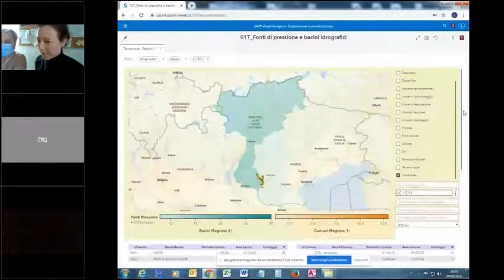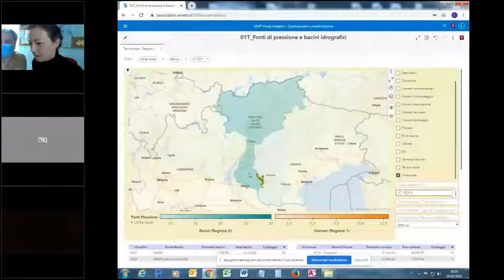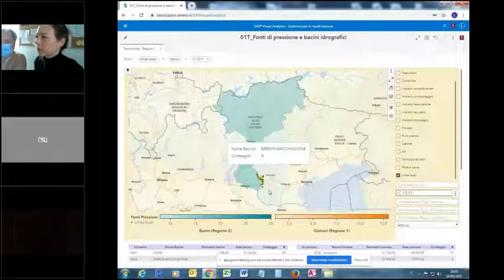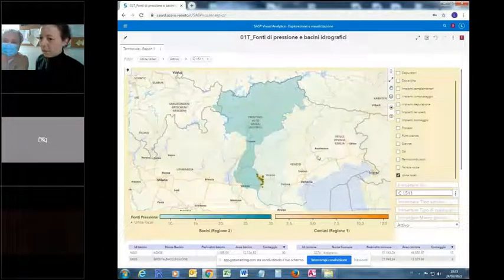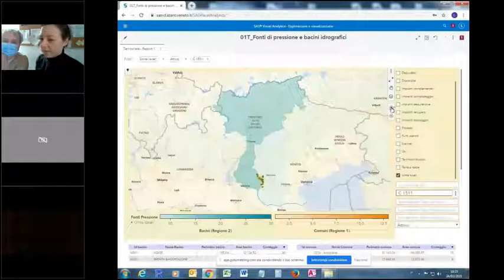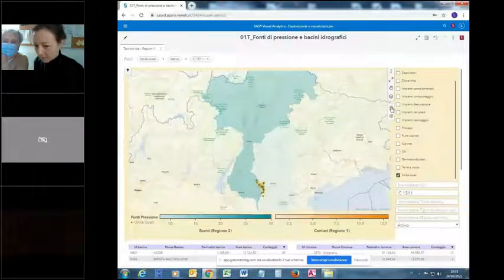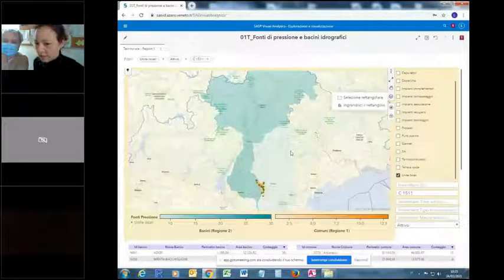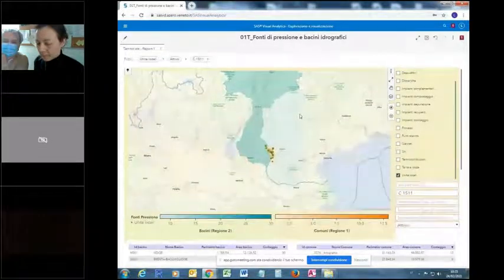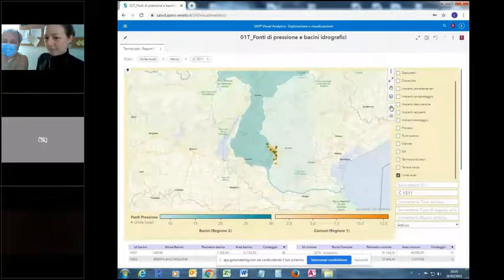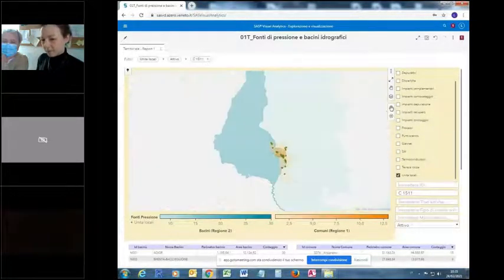And this code, C1511, corresponds to tanneries. Okay, so we know that in the Veneto region we have a tannery district, which is located mainly in the Vicenza province. And here you can see on the map that we have selected tanneries on our map.